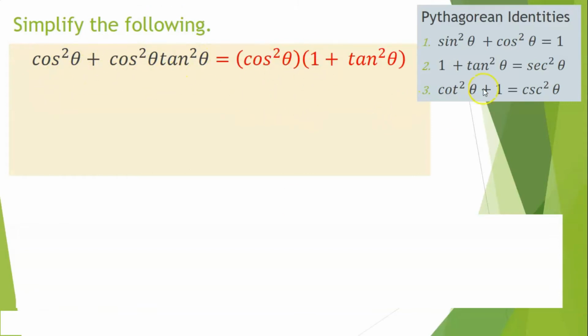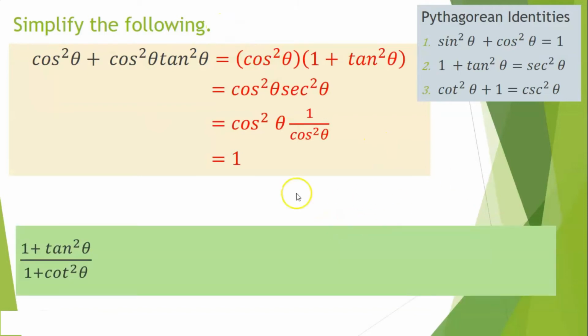Now take note, 1 plus tangent squared is equal to secant squared theta. Now, using the reciprocal identity, secant squared is basically 1 over cosine squared theta. So in this case, we can cancel this and we can cancel this one. So we will end up with 1.